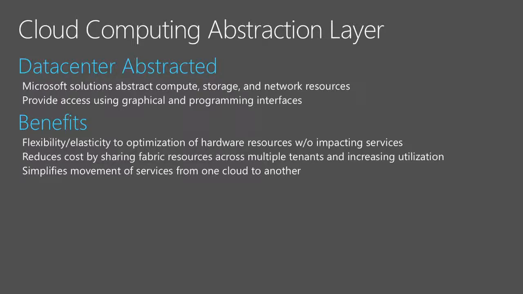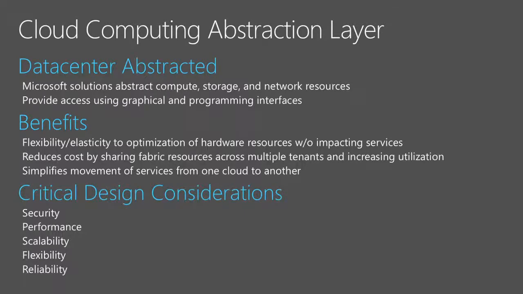Over the long run, you should be able to write one set of scripts, develop one template, etc., and it should run in either place. Now, of course, whenever you build an abstraction layer, you've got to think about certain design considerations, security, performance, and so forth, and we're going to talk about that more later in the session.